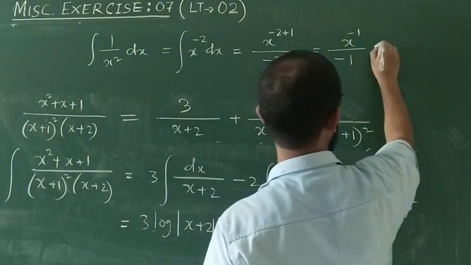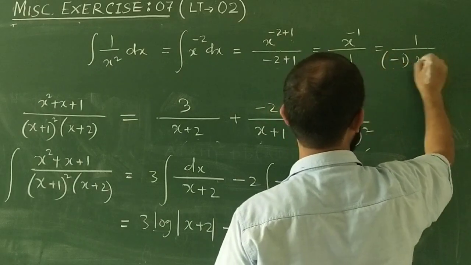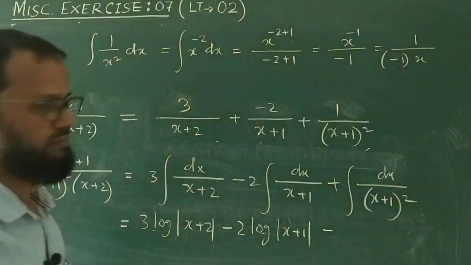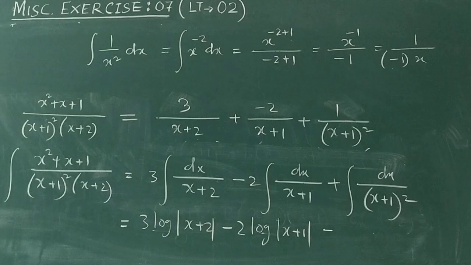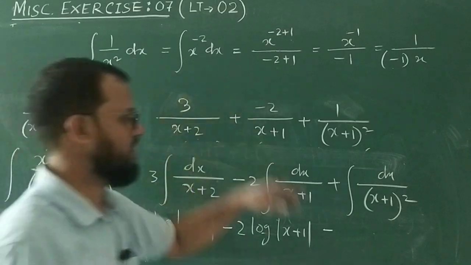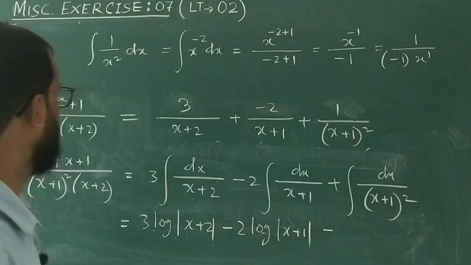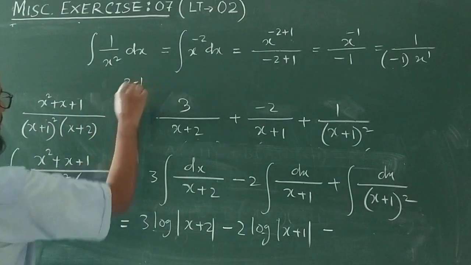Finally what you are getting is 1 by minus 1 into x to the power minus 1, which means minus 1 by minus 1 into x. Very important. So the power was 2, and it has reduced to 1.